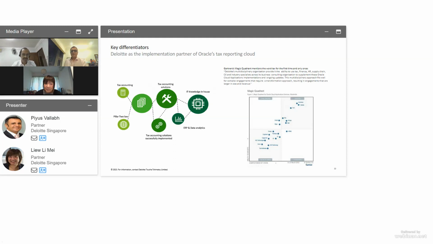And to your right, another key differentiator is Gartner, a leading research firm, indicated in its 2022 research on Oracle Cloud Application Services that Deloitte is recognized as a leader for Oracle Cloud Application Services. And in fact, Deloitte has retained this position as a leader for the 4th year in a row. All this leads to say that Deloitte has a proven track record in implementing Oracle TRCS. Next slide, please.